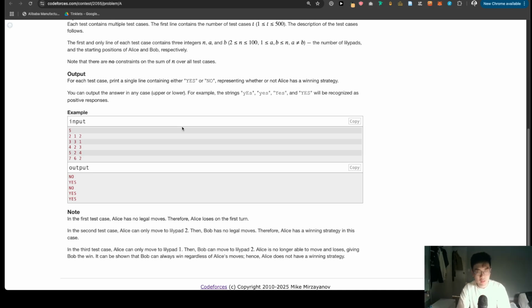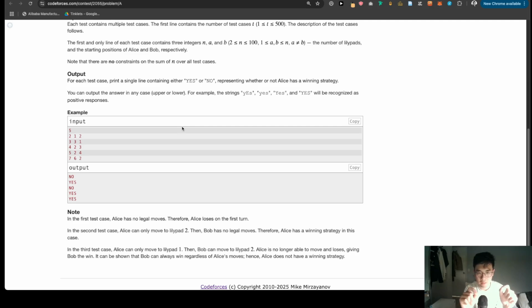If it's odd, Alice moves closer, so now it's even. Bob is gonna try to get away. So if the distance is odd, then Alice has won, because Alice can get closer. If Bob moves closer, Alice gets closer. Now it's even.